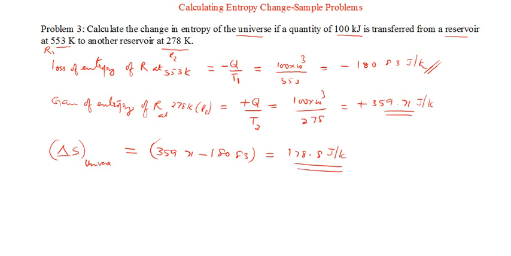Note one thing: delta S of the universe has turned out to be positive, as we expect, because some sort of irreversibilities actually exist during the process. Delta S of the universe is positive in all irreversible processes. So there is some irreversibility involved in the process, and that is positive as we expect.